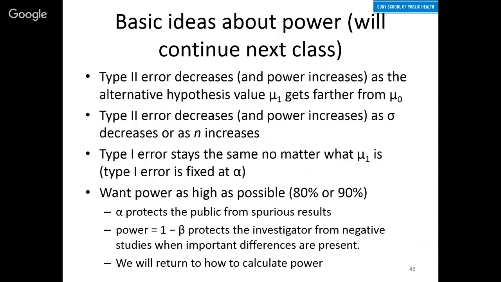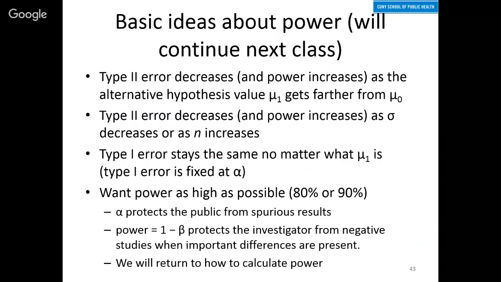Yeah, and so your power will decrease because you're making more type 2 errors. So you're saying that the difference must be very, very obvious. And so it will be easier to make that type 2 error. You will fail to reject the null hypothesis, even if the alternative is true, because you don't have enough evidence.